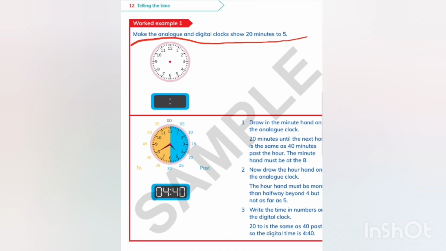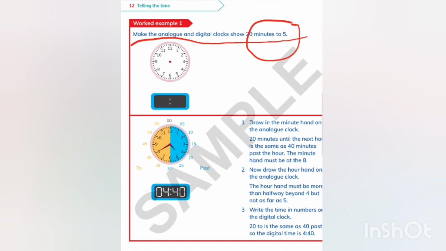tricky. This is a little bit tricky. 20 minutes to 5 means that there are 20 minutes remaining to 5. Earlier we were doing 20 minutes past 5, which was very easy, and we were writing 5:20.